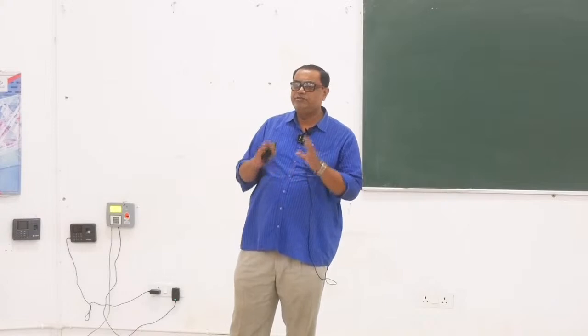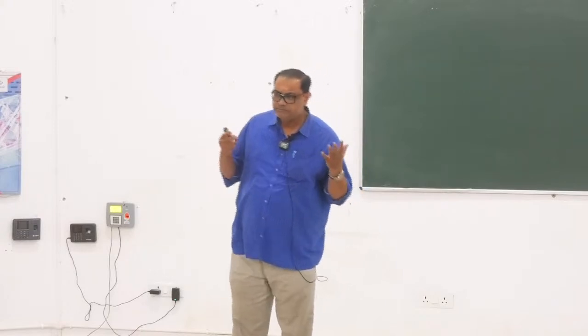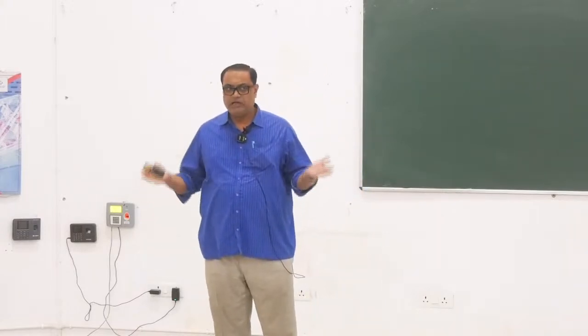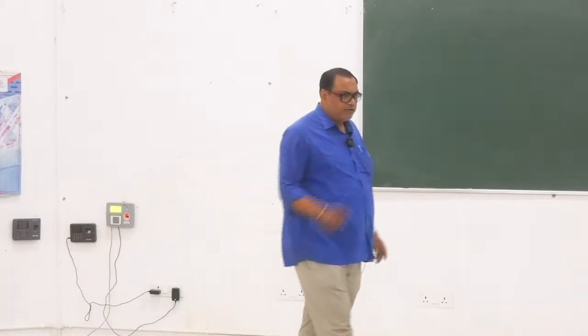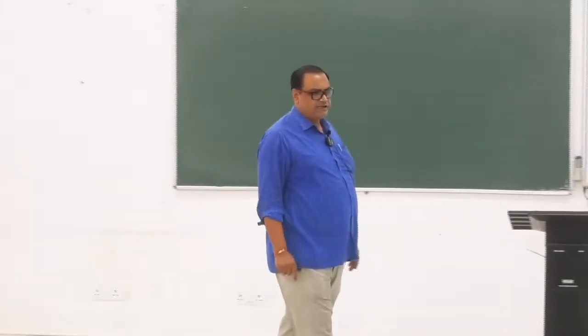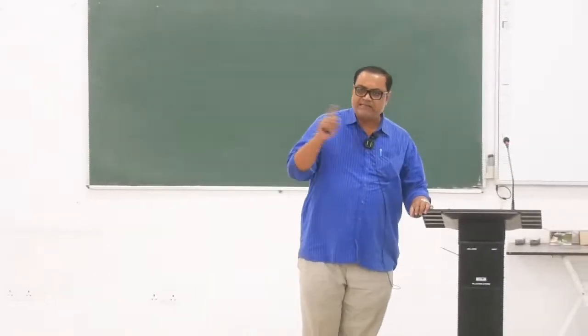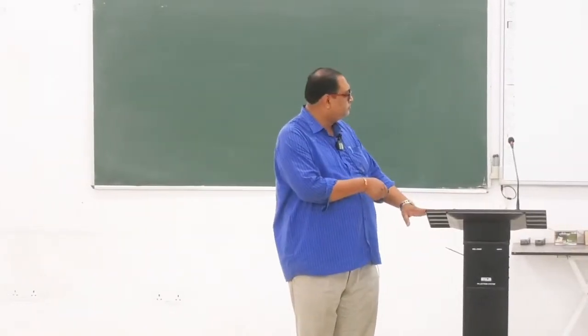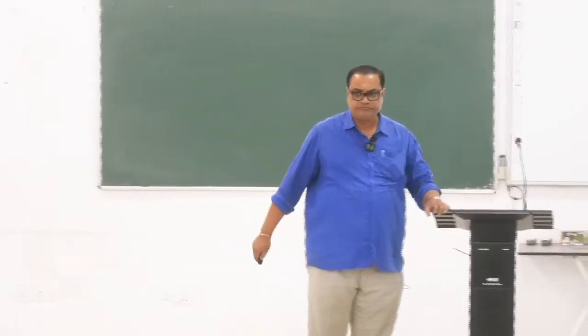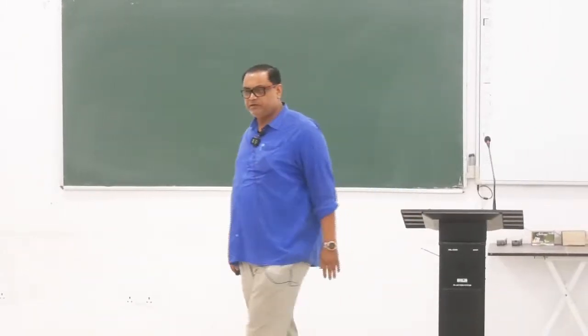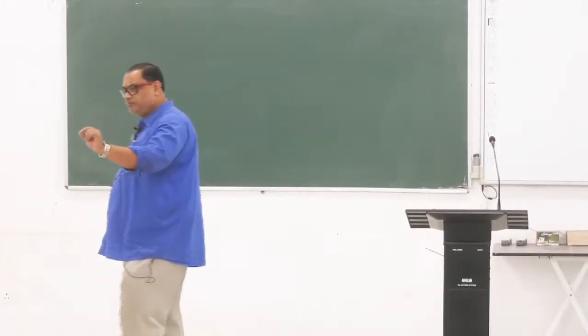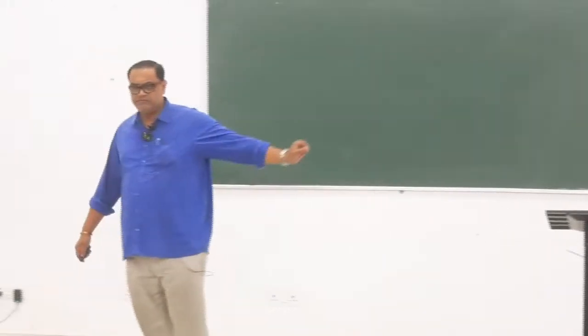So how many acetyl coenzyme A are required? 8. Out of 8, 1 will be required as acetyl coenzyme A and the other 7 will be converted to malonyl. This is the most important point in this particular step.